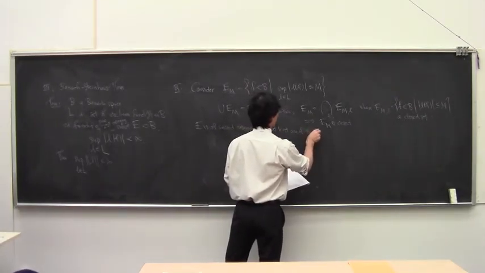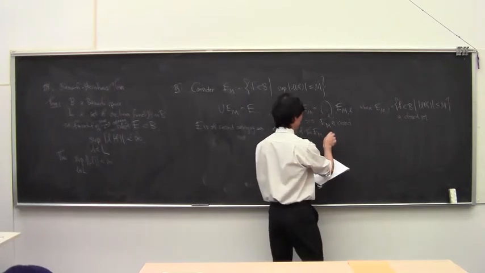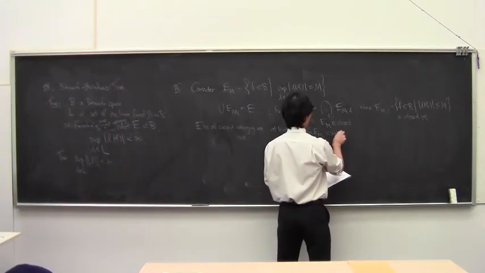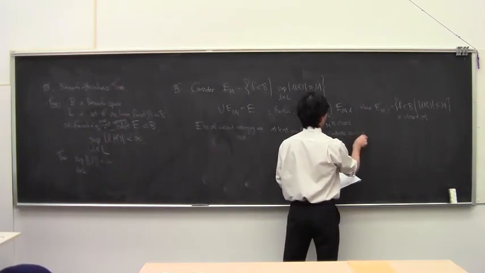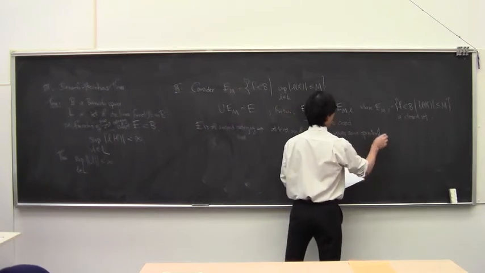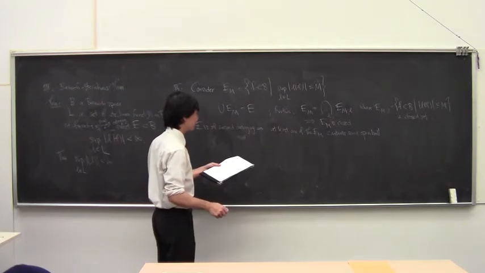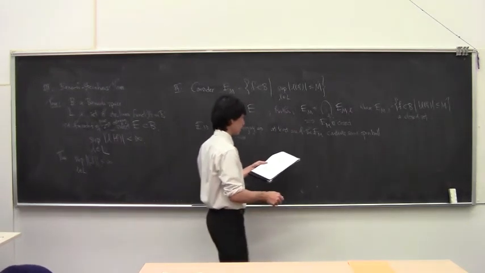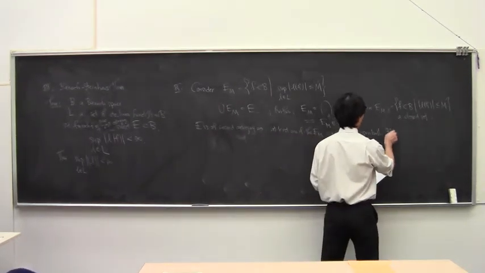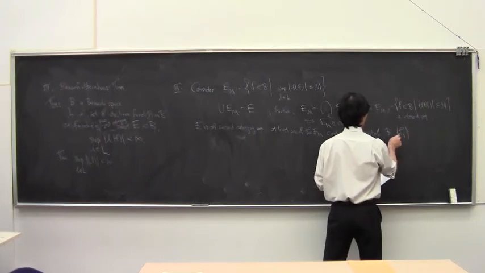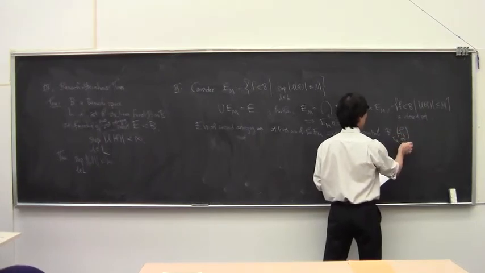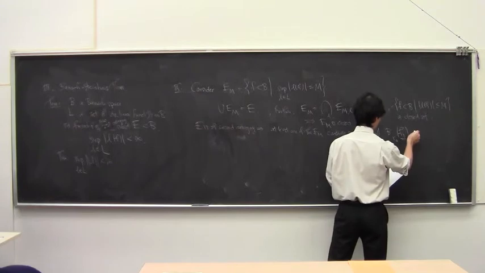So at least one of the E sub n contains some open ball, some radius r naught, centered at some function f naught.